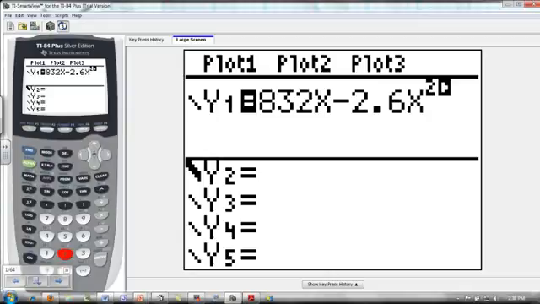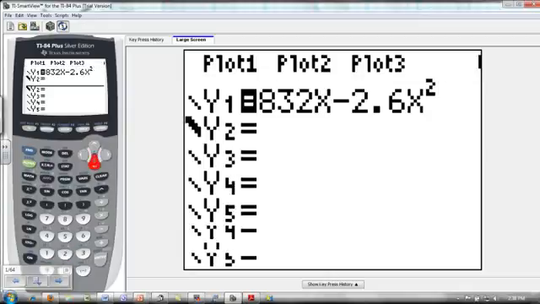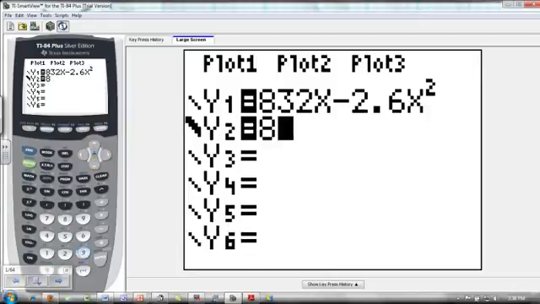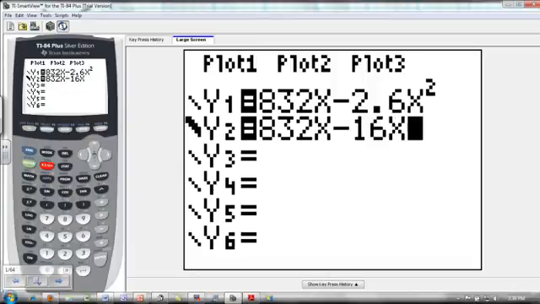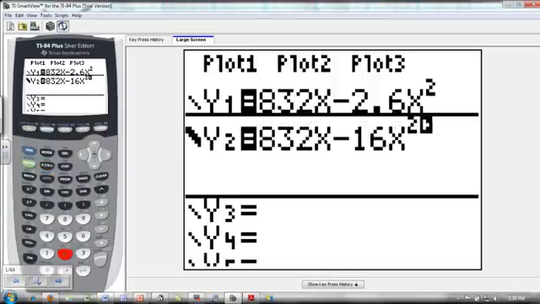Okay? On Earth, in the absence of air, it would be 832t minus 16t squared. How long will it take the bullet to go back down in each case?